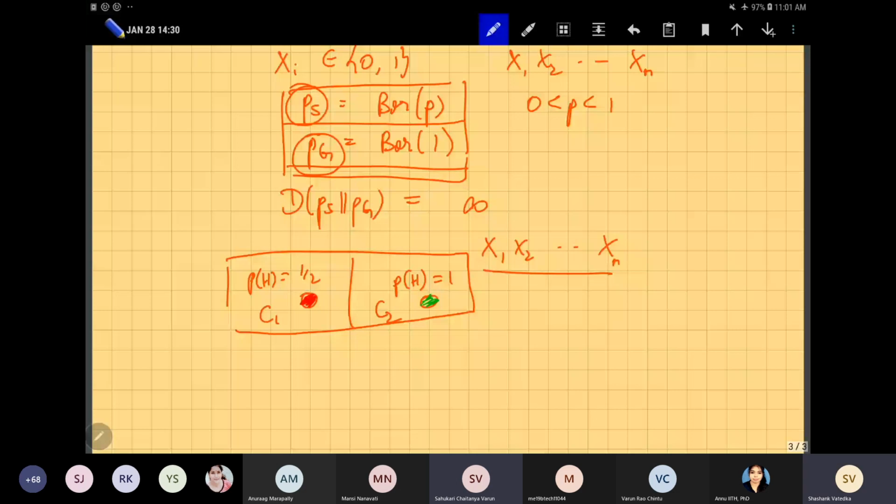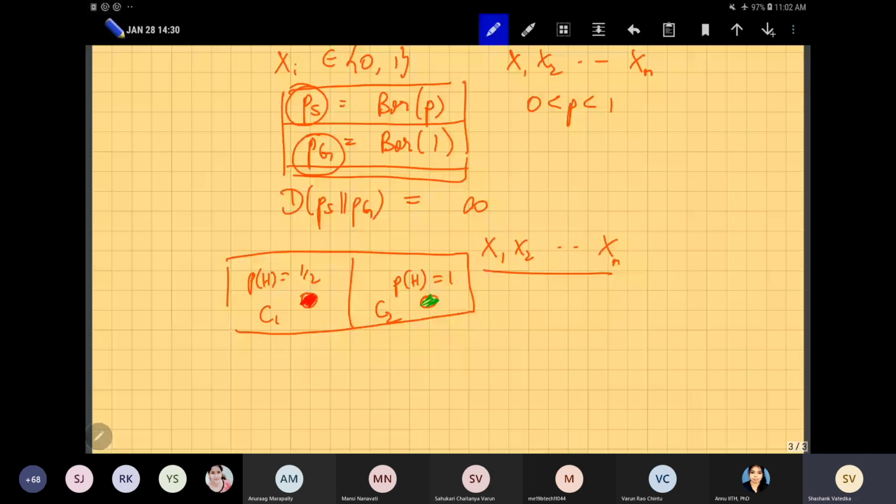Exactly. So if n is large, there is still a small probability that coin 1 would have been chosen. But even if there is one tail, then you're sure that it has to be coin 1. It cannot be coin 2. So in some sense, there is an asymmetry in this problem. Given these two distributions, it's easy to distinguish whether one particular event has occurred given that the other has not.